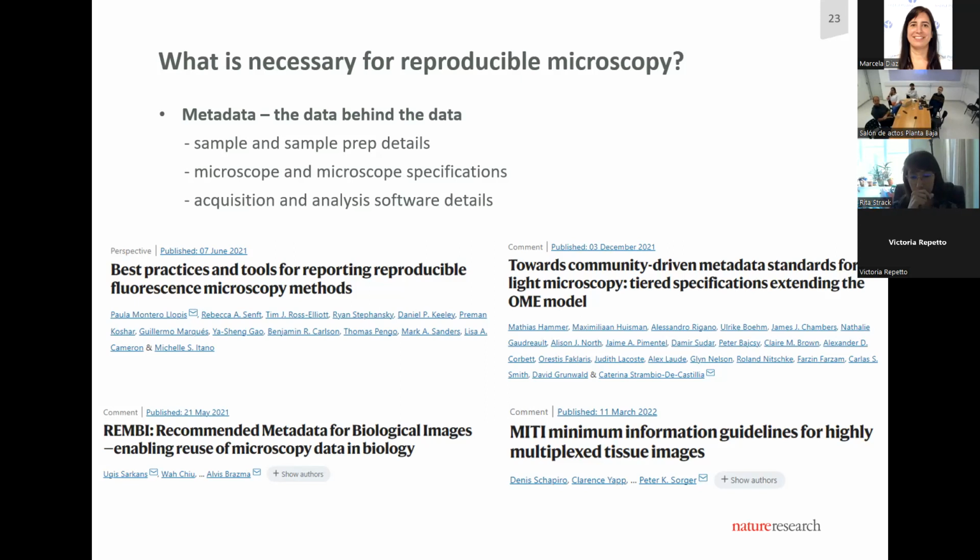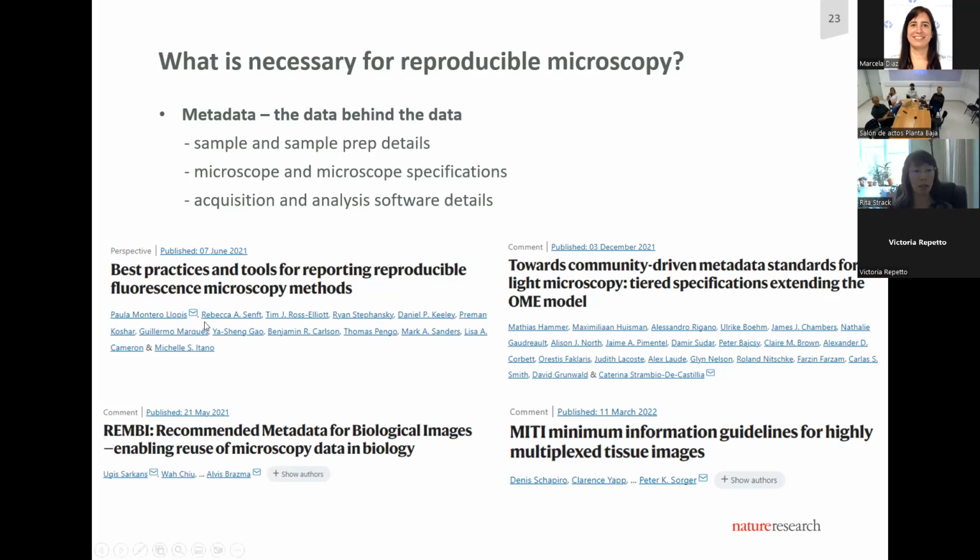And in the issue I just highlighted, we had 3 comments, these 3 pieces. This one comes from Paula Montero Lopez and colleagues, and also includes Thomas Pango and Mark Sanders, who were authors on that eLife paper I discussed with you guys. And it really puts forth best practices for reporting reproducible fluorescence microscopy methods.